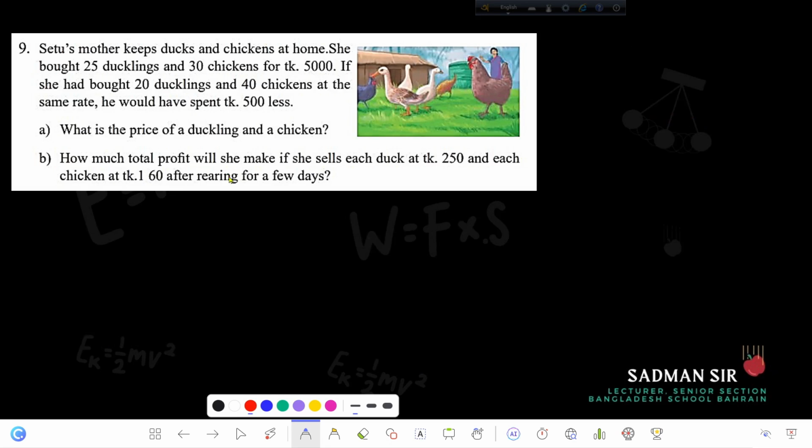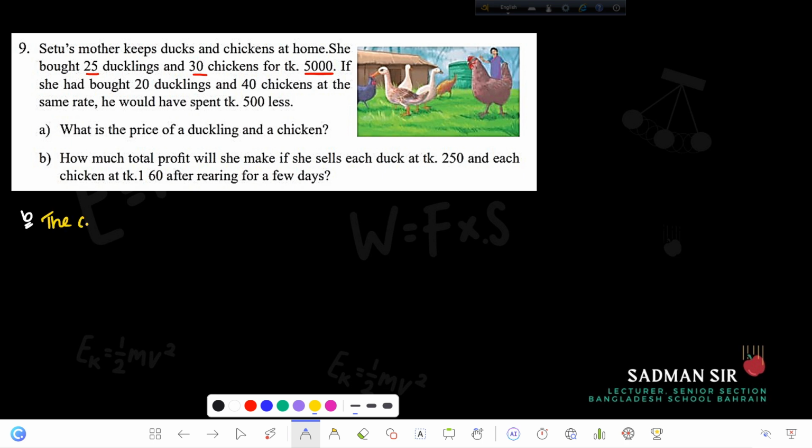We need a new slide for this. B number. Now to calculate the profit, we need the cost price and the selling price. You can see that for the amount of duckling and chicken she bought, the cost price is already given, 5,000. All we need to calculate is the selling price.